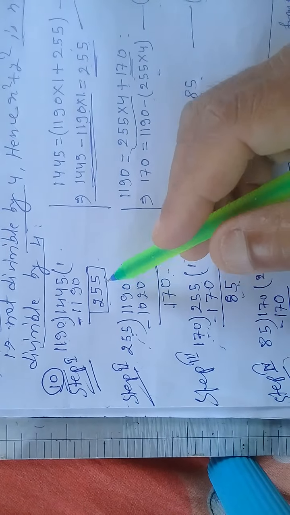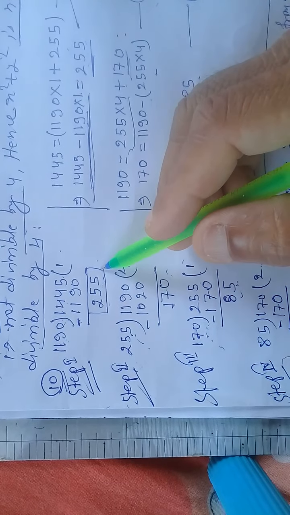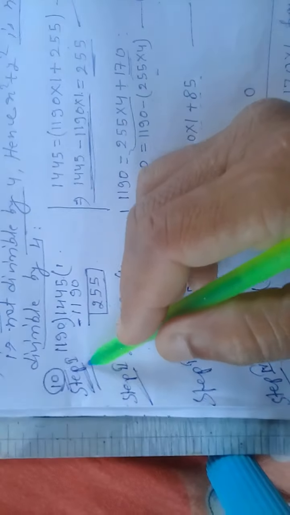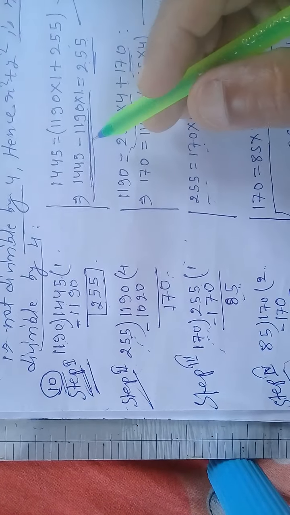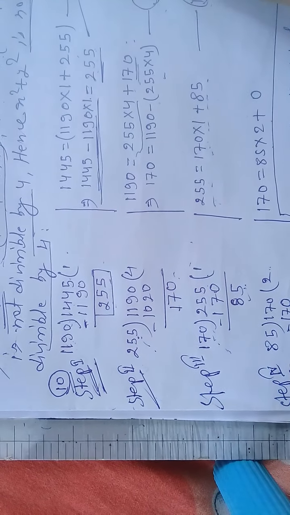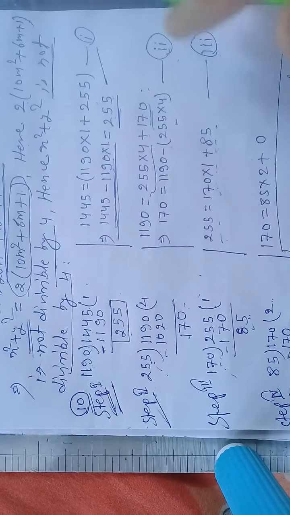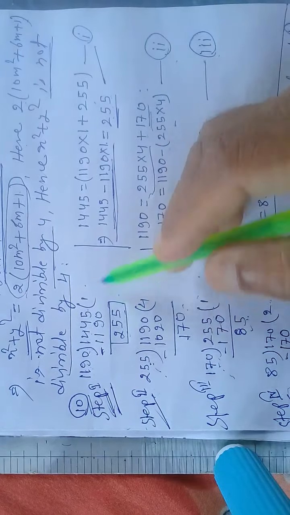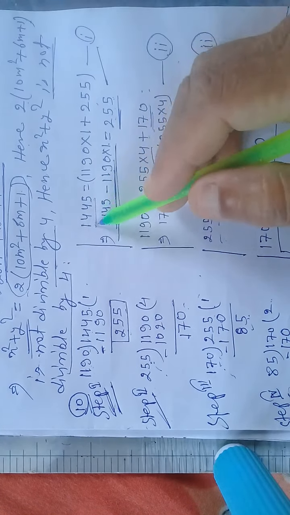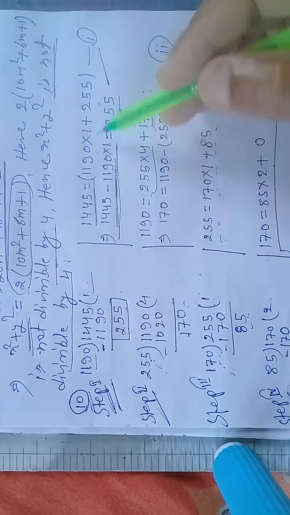It means the remainder is not equal to 0 and 255 is less than 1190. In step 1, by the help of Euclid division algorithm, dividend is equal to the product of divisor into quotient plus remainder.